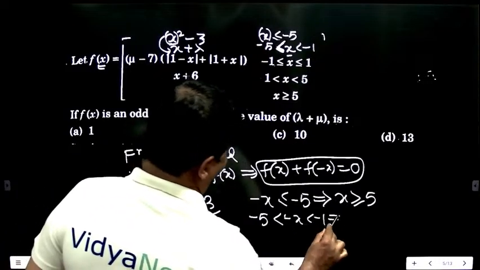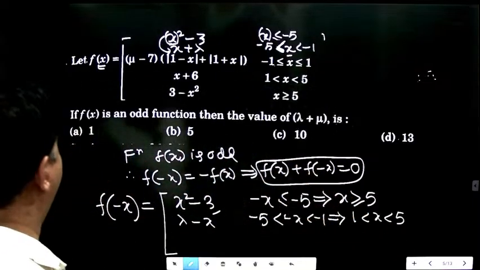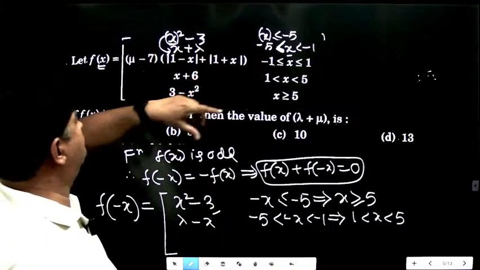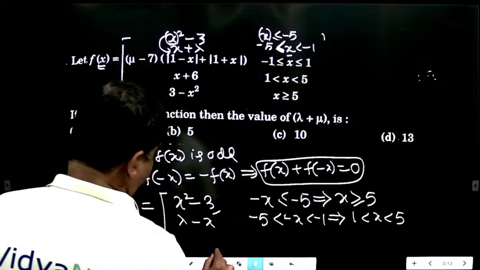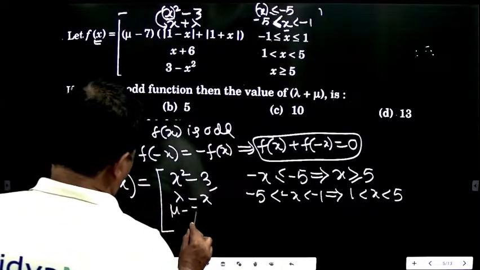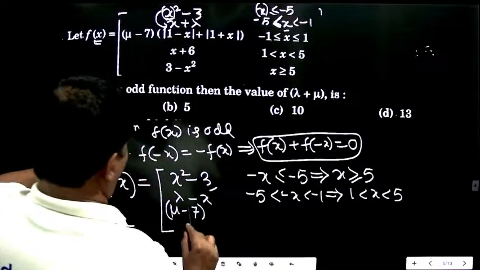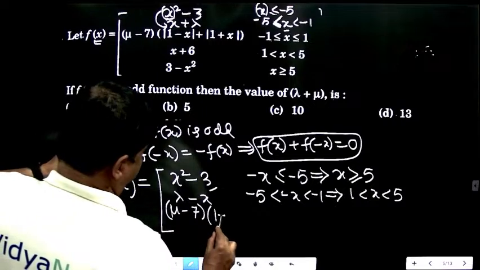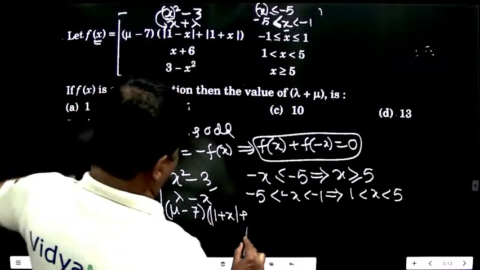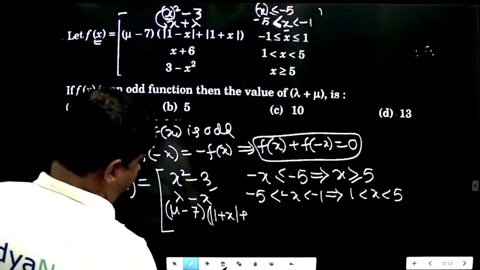So if you remove minus, now in the third equation, in place of this x, put minus x. In mod, in place of this x, put minus x, then this expression will remain unchanged.